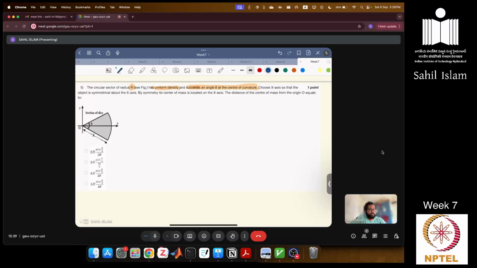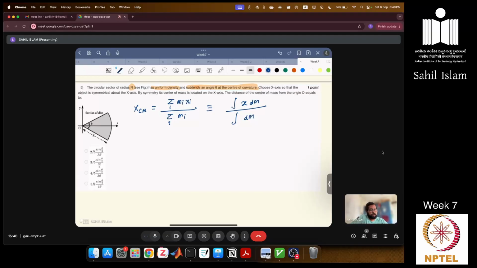Okay, so the center of mass, which we have already discussed, is xcm equals sum over i of mi xi divided by sum over i of mi. We can write it in a continuum setup as integral x dm by integral dm.